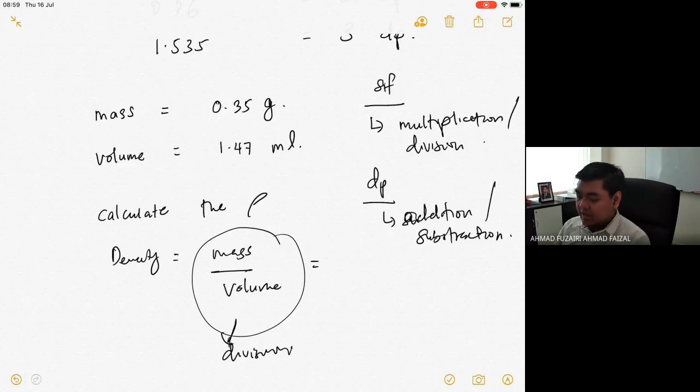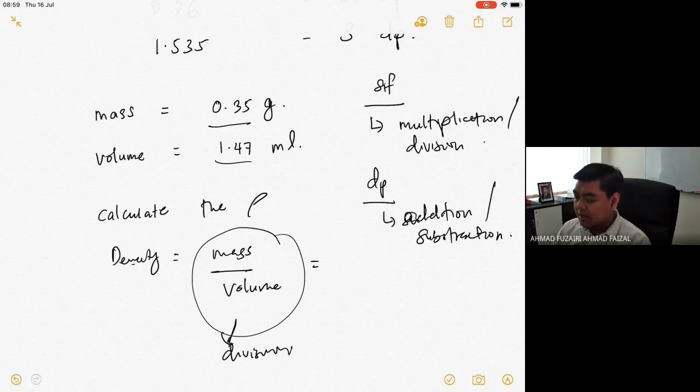Tengok tadi awak ada 0.35 gram and 1.47 milliliter. So, how to do it? Bila nak calculate density, we use mass over volume. Operasi dia ialah division.